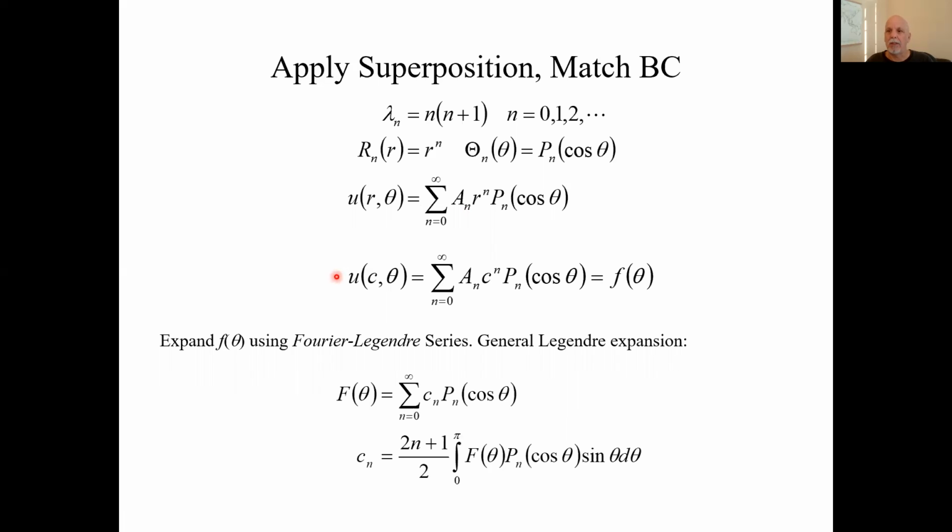Here's where we apply the explicit boundary condition. That's out where R equals C. R equals C, we've got that. And that has to equal the function they gave us, that is the explicit temperature on the surface of the sphere.